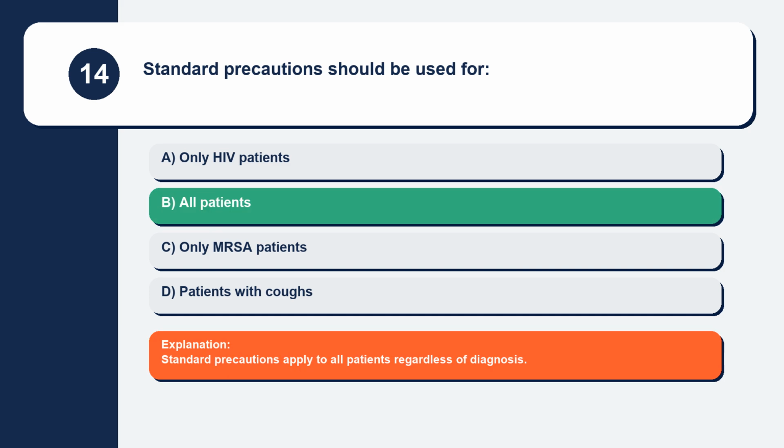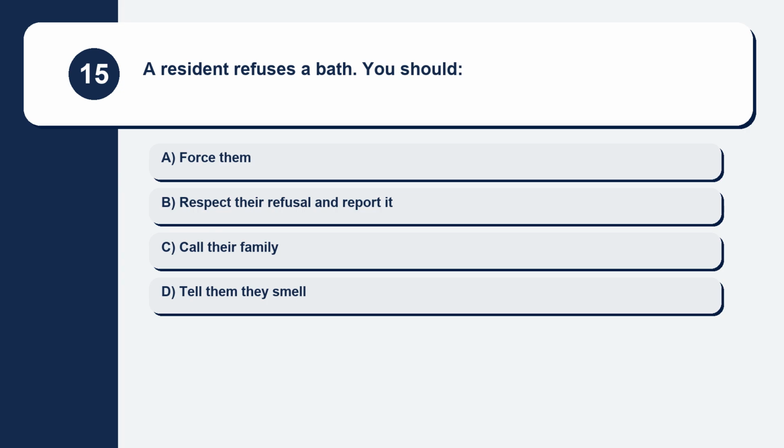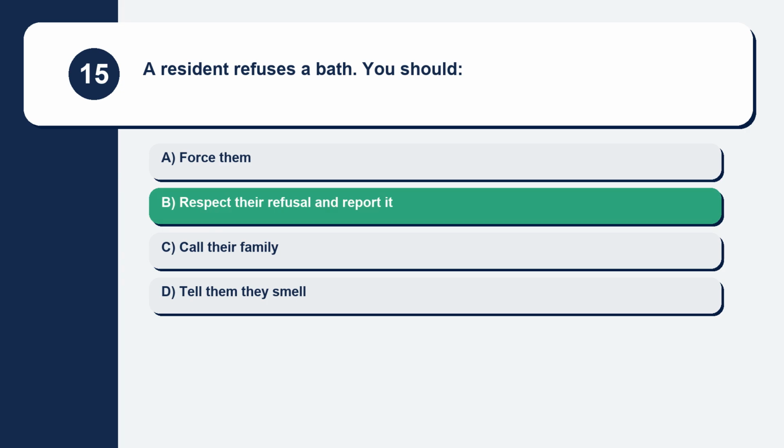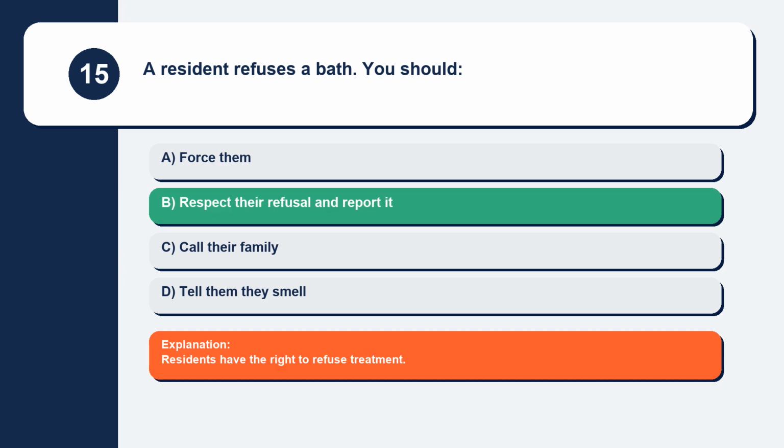Standard precautions apply to all patients regardless of diagnosis. Question 15. A resident refuses a bath. You should force them, respect their refusal and report it, call their family, tell them they smell. Residents have the right to refuse treatment.